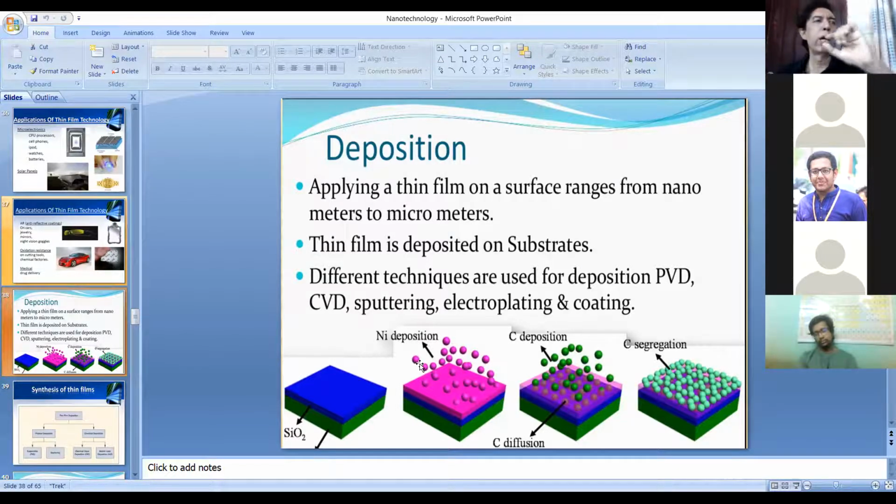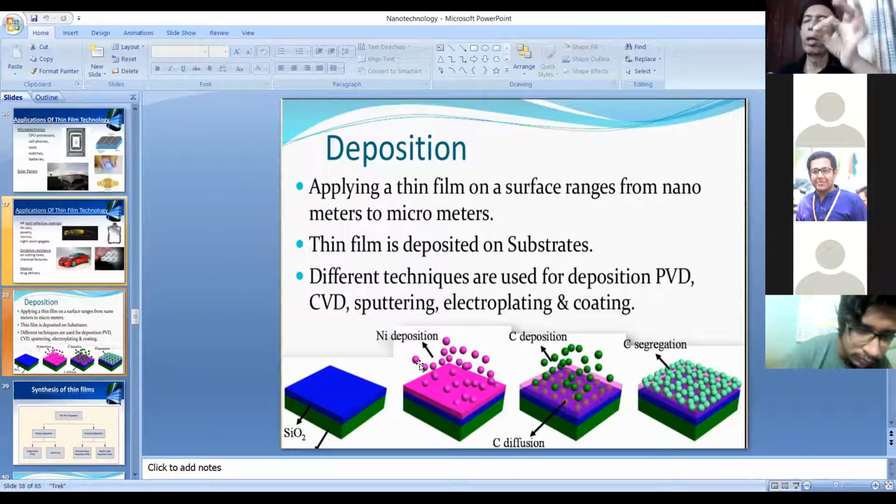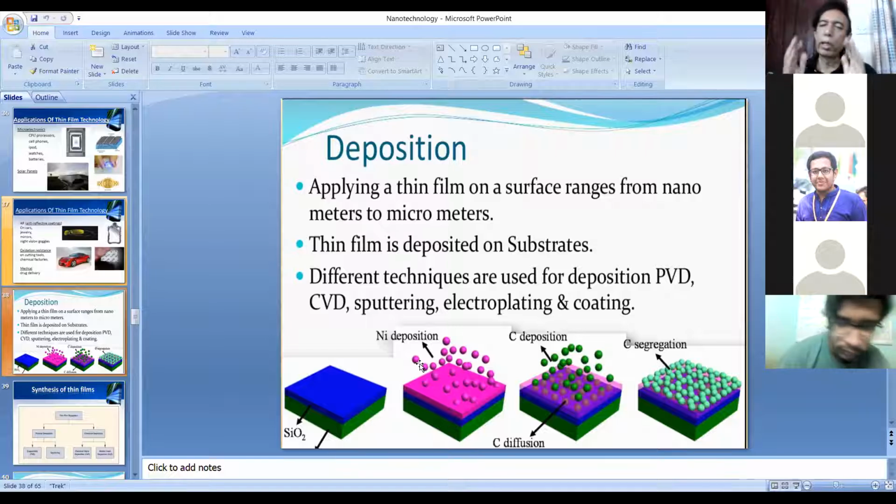You see, your paint on the wall or paint of the car is thick. It is, for example, 1 millimeter thick. But we have to prepare the thin film of around 10 nanometers. So you cannot do it by your hand.